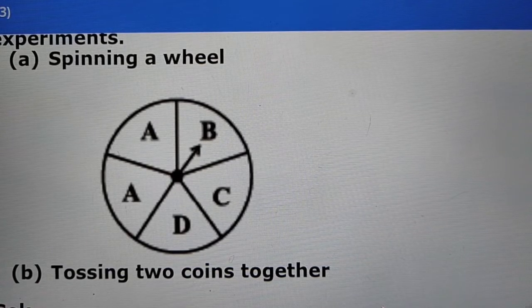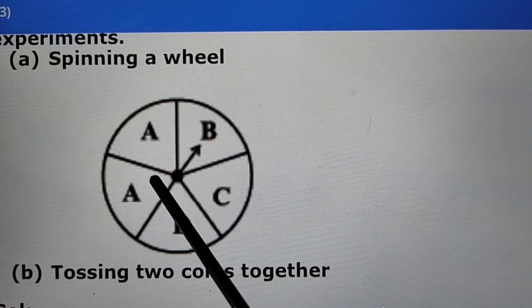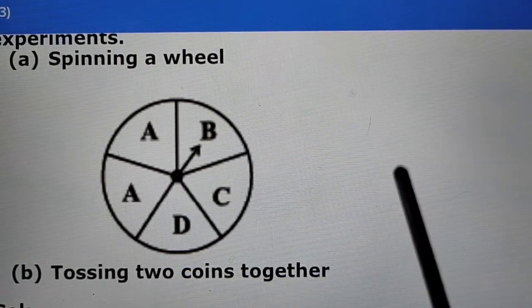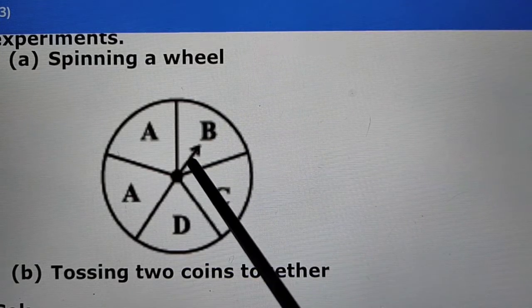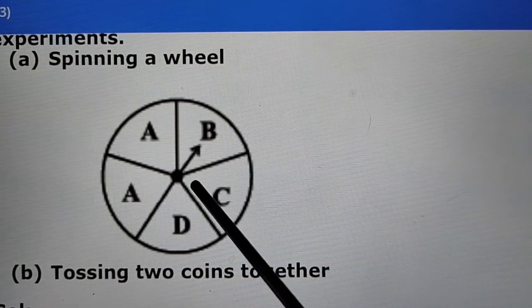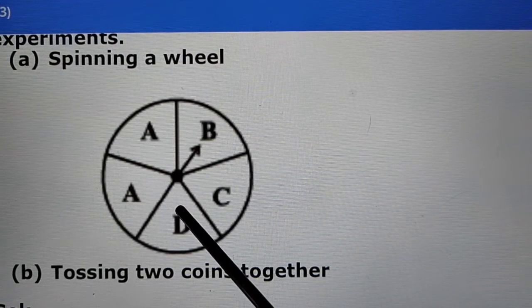Now you can see in the complete circle there are 5 chances. 2 are related to A, 1 for B, 1 for C and 1 for D. So out of these 5 chances, if we spin this wheel, what is the possibility of D? That is only one possibility.